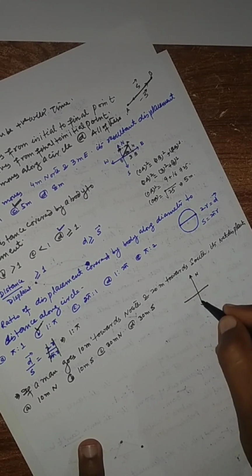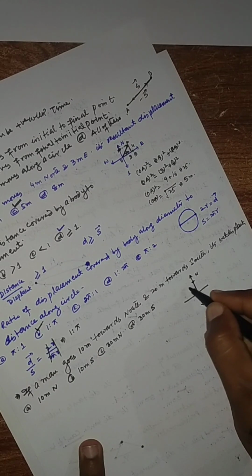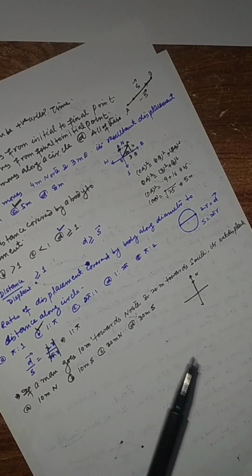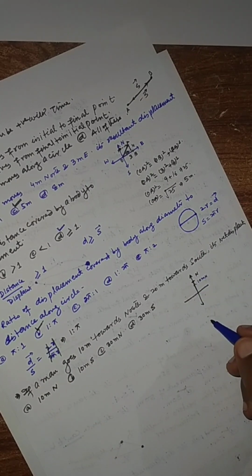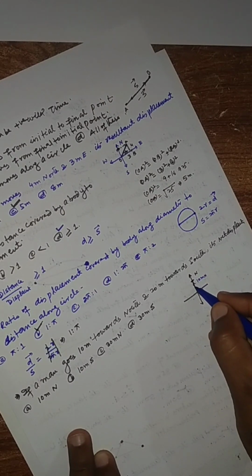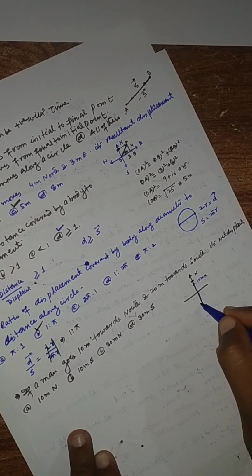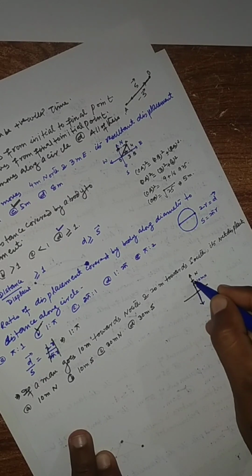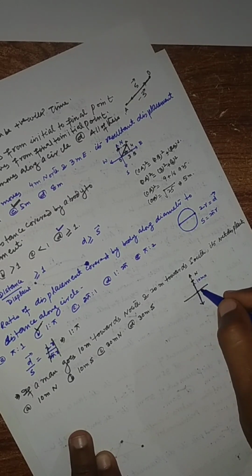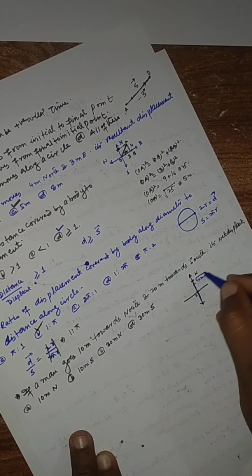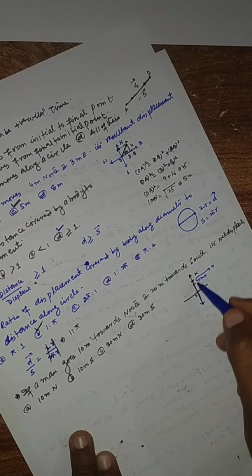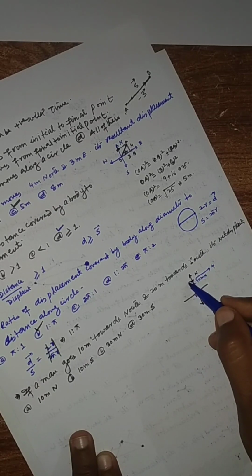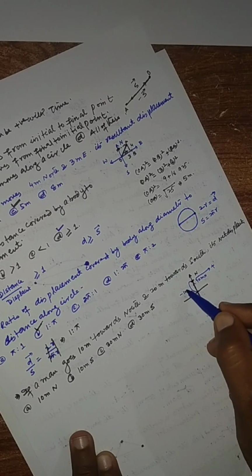Then this is the north. If a body moves 10 meters towards north in this direction and 20 meters towards south, this is 10 and this is 10. So 10 and 10 will cancel out, because from the origin in the direction of north these are plus 10, and then 20 meters towards south, from this to this will be minus 10.